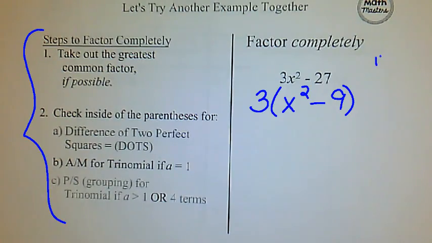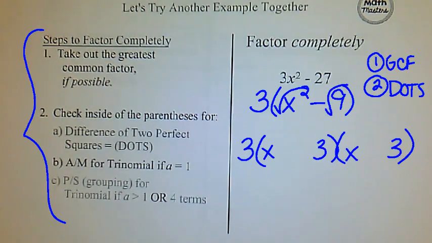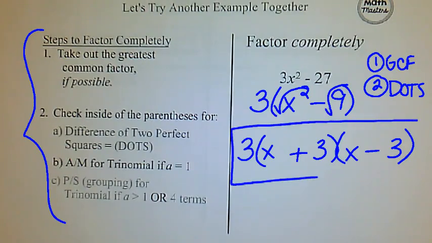So the first thing I did was take a GCF out. The second thing I'm going to do is dots. Open up your two sets of parentheses. Square root of the first, square root of the second. One is addition, one is subtraction. I'm left with nothing similar in either of my parentheses, so I know that I am done.